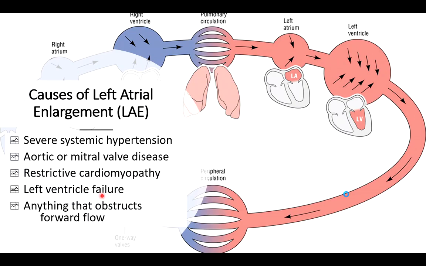Because of hypertension, the left ventricle is failing. Now that causes a backup. That causes increased pressure for the left atria. Now the left atria has to try to pump against all this congestion that's in the left ventricle. So the left atria now begins to enlarge.